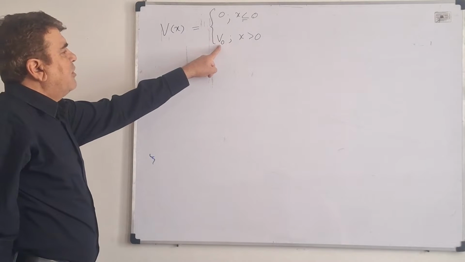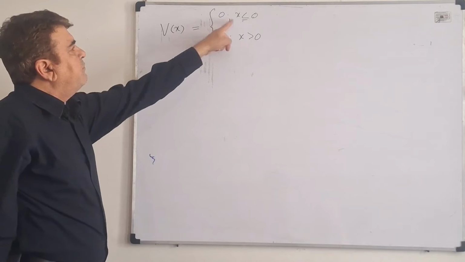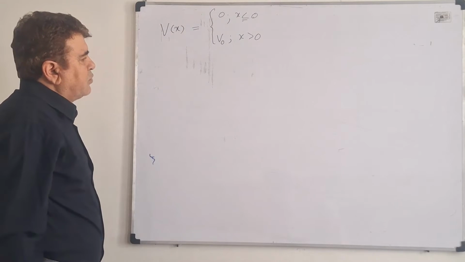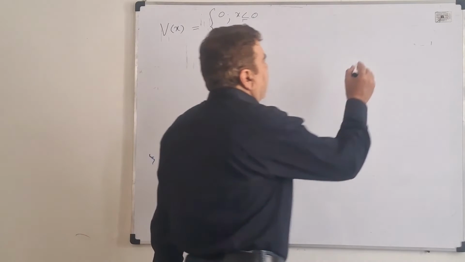So the potential is constant for values of x greater than 0, and it is 0 for x less than or equal to 0. And if I want to represent this graphically, it would go like this.